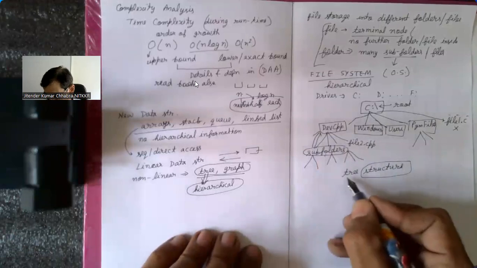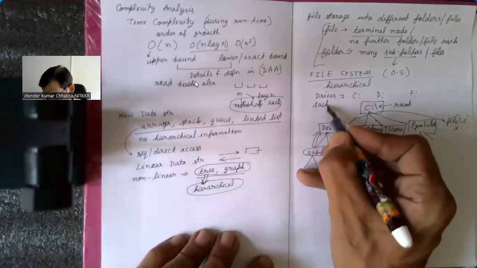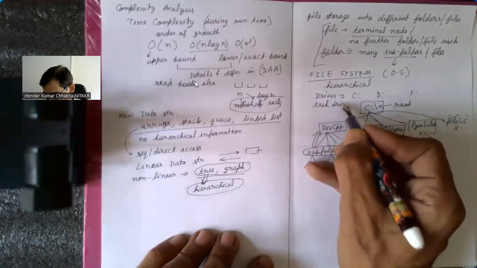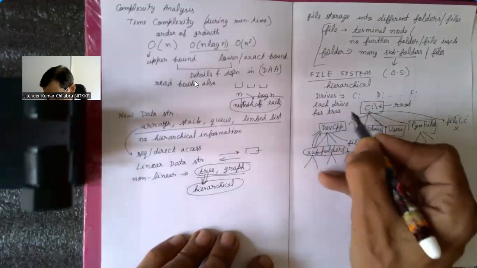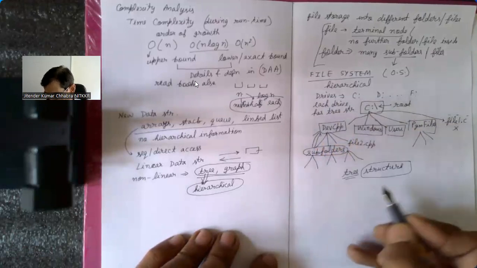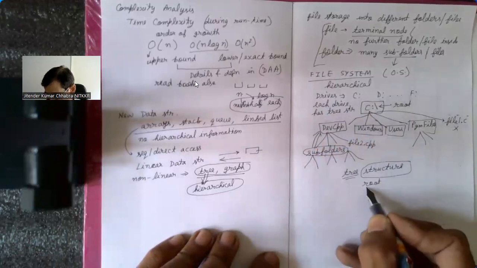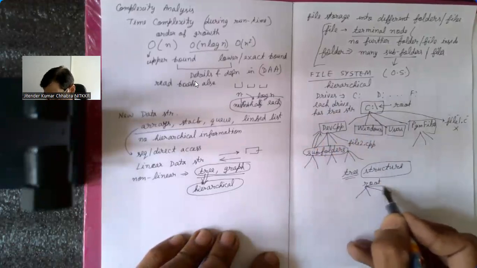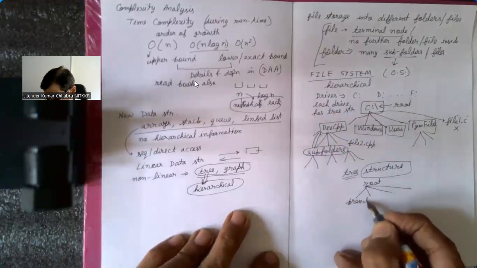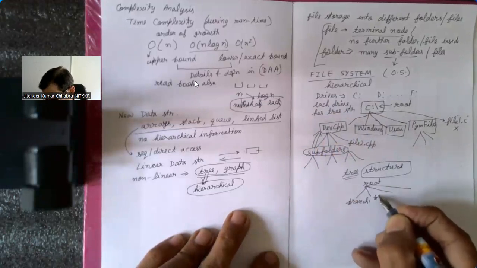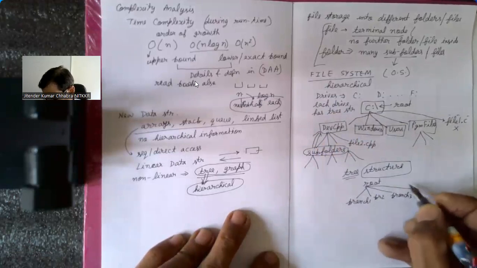A file system is effectively stored in any drive, so each drive is using a tree structure for file storage. Tree structure means each tree has a root. Then within the root, I can have multiple branches: branch 1, branch 2, branch 3, and so on.